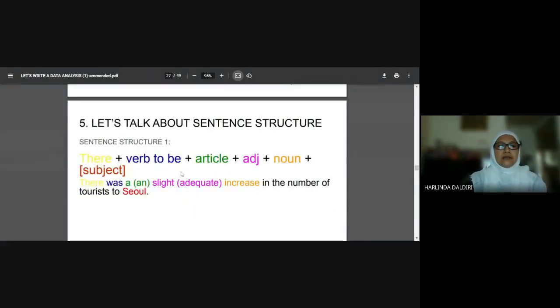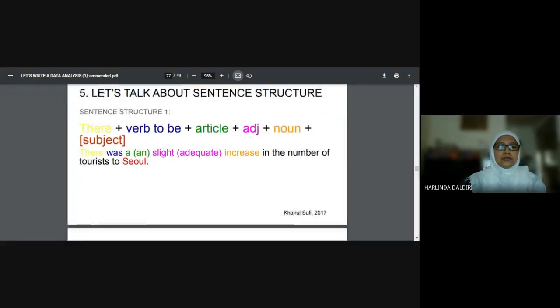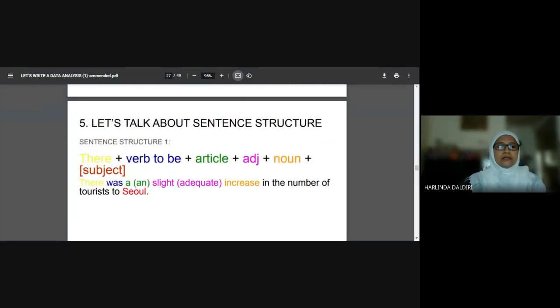Just now Madam Azura has mentioned tenses. Now I want to talk about sentence structure. This is very, very important because there are various ways you can make your analysis or your writing more interesting.